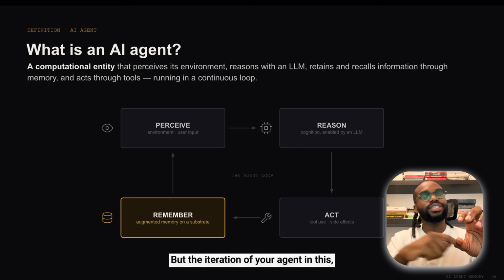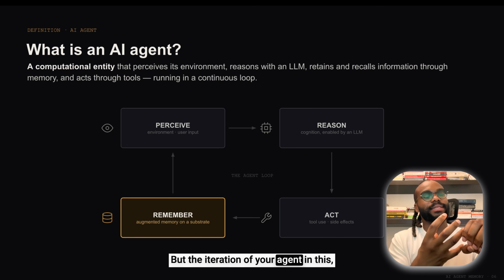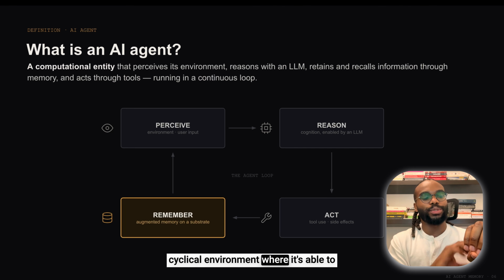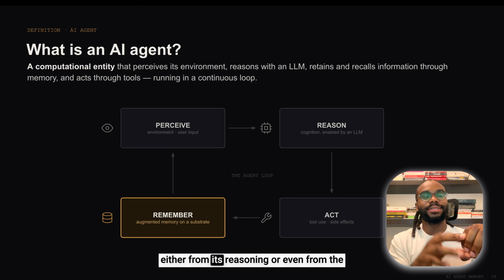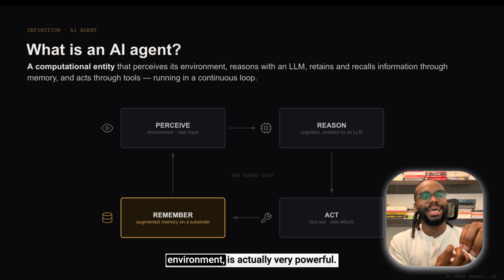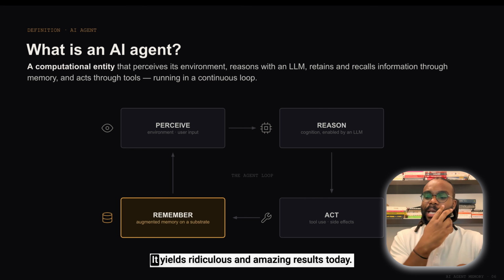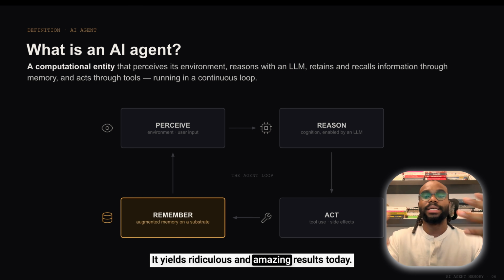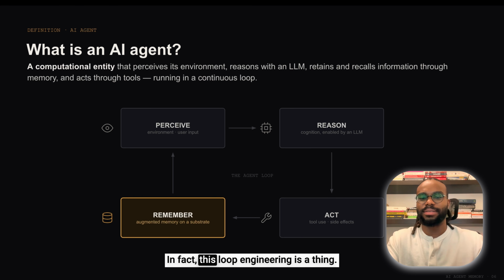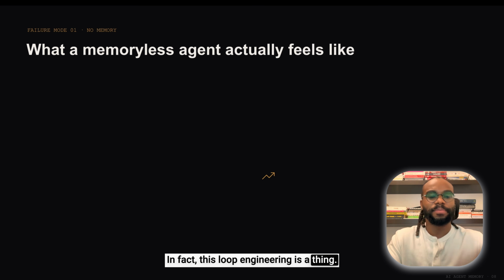But the iteration of your agent in this cyclical environment, where it's able to act upon new information coming in, either from its reasoning or even from the environment, is actually very powerful. It yields ridiculous and amazing results today. In fact, this loop engineering is a thing.